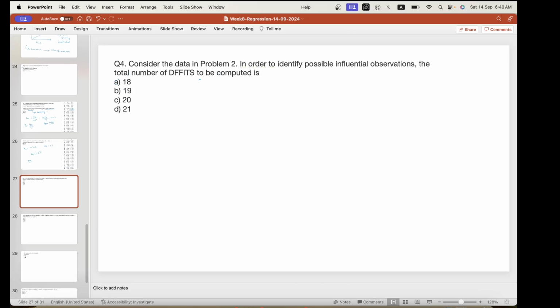So we'll consider the data in problem 2. In order to identify possible influential observations, the total number of DF fits to be computed is how much?